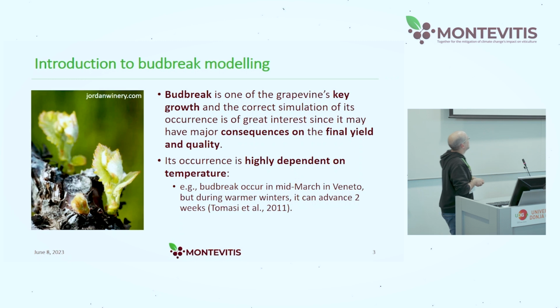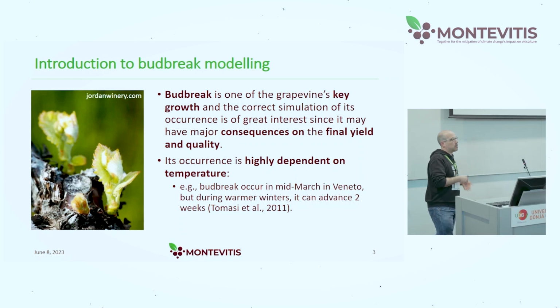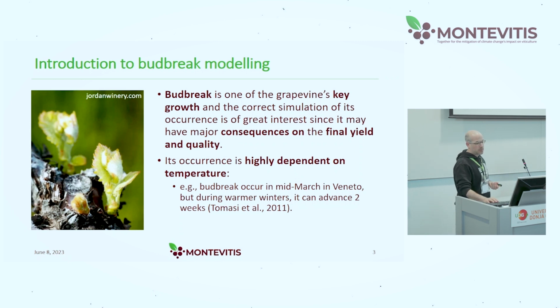For example, bud break usually occurs in the middle of March in the northern part of Italy, in Veneto in this case. But during warmer winters, it can advance by two to three weeks or more, or it can be delayed if the temperature is colder than usual.